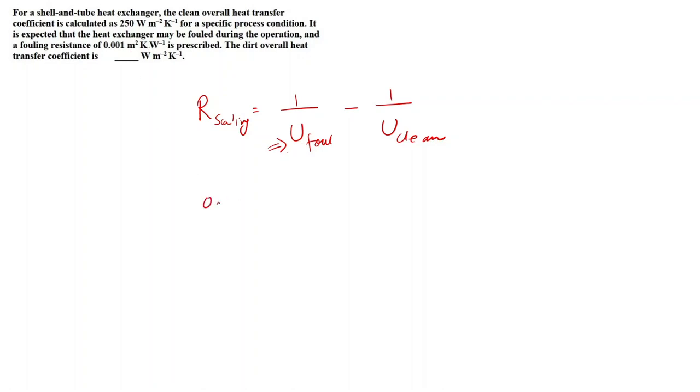So we can write this as 0.001 is equal to 1 upon UF minus 1 upon the clean overall heat transfer coefficient, which is 250 watt per meter square Kelvin.